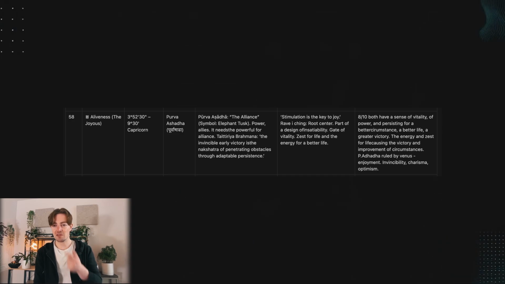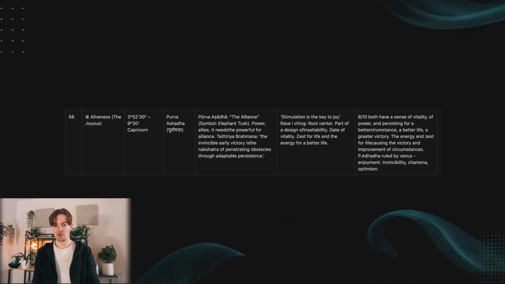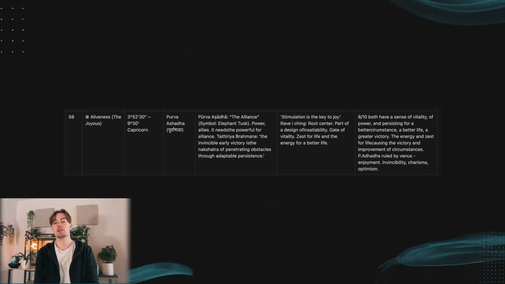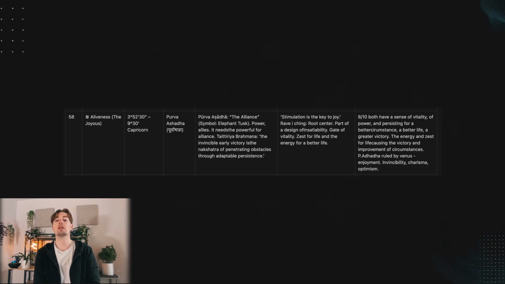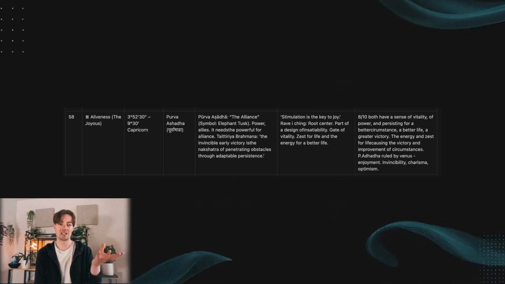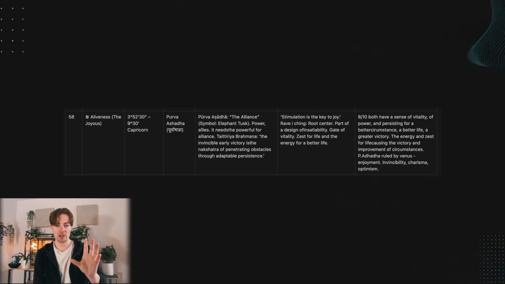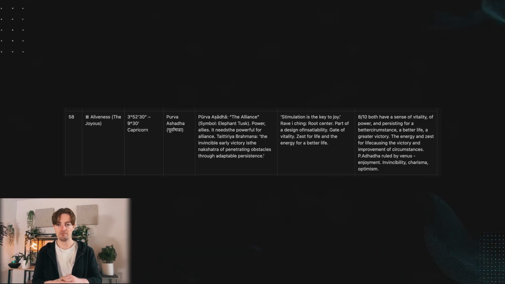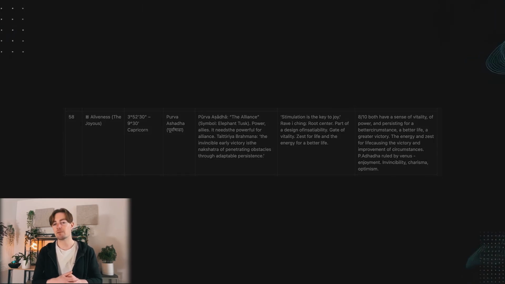The energy and zest for life, causing the victory and improvement of circumstances. And Purva Ashada is ruled by Venus, which is also associated with enjoyment, luxuries. There's a sense of invincibility, charisma, and optimism, which matches well with this sense of the gate of aliveness, the joyous, and this Purva Ashada powerhouse victory nakshatra. So given it an 8 out of 10, I think it's a pretty good match.